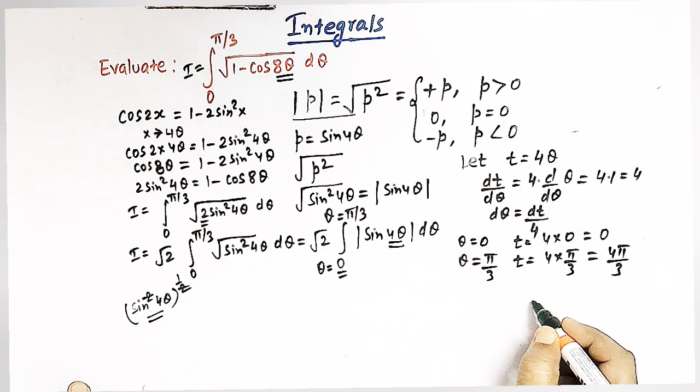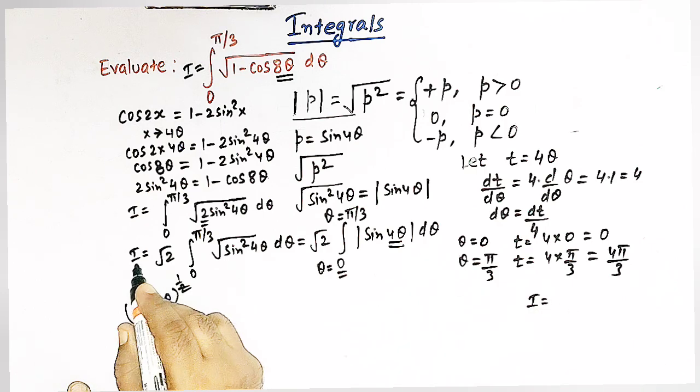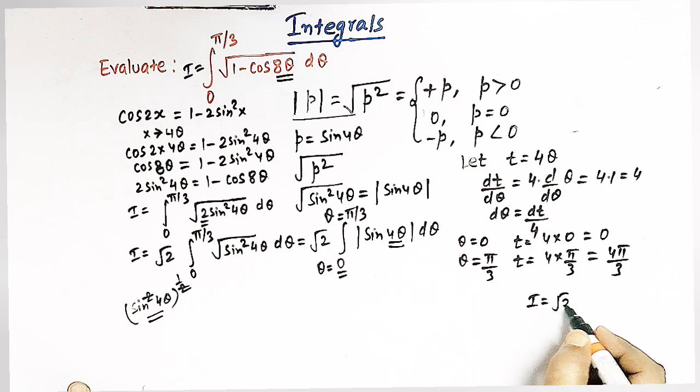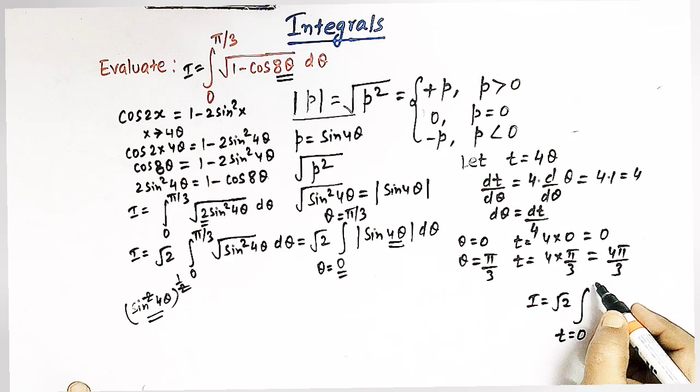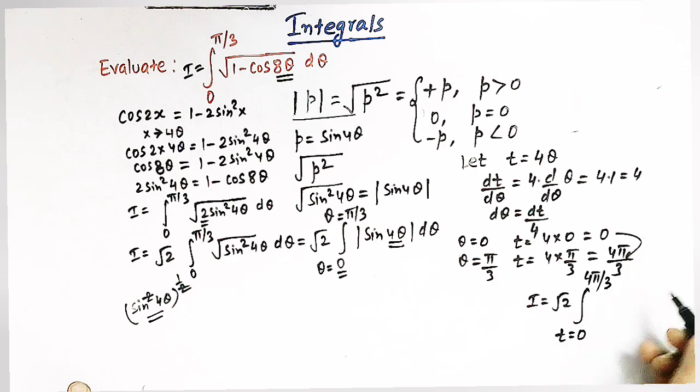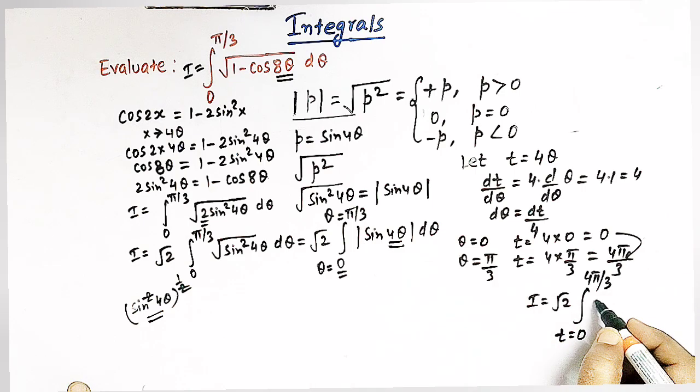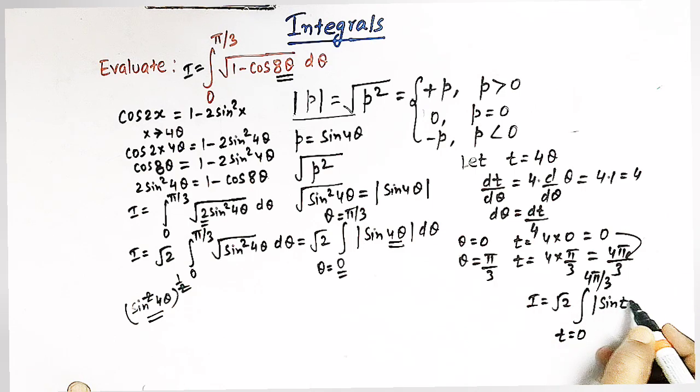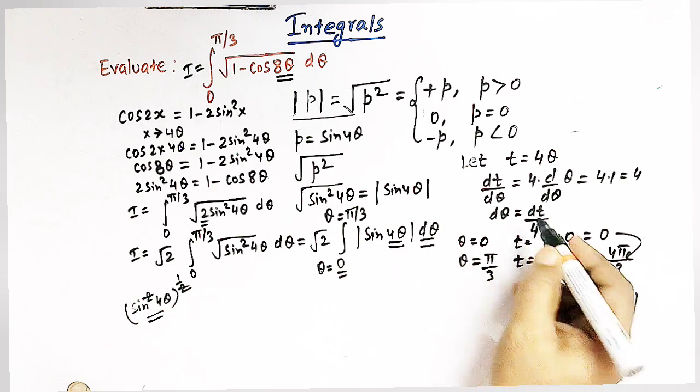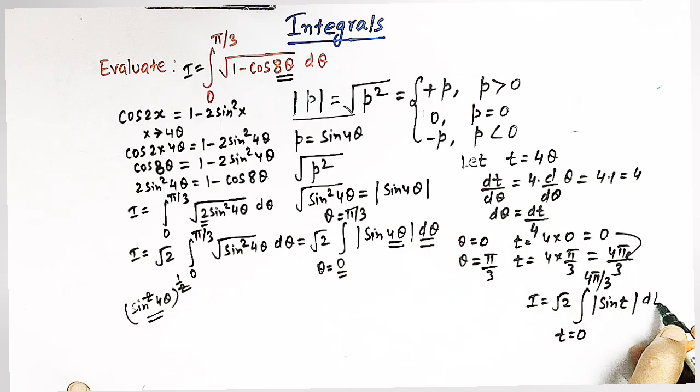The integral I is square root of 2, with limits from 0 to 4 pi by 3, mod of sine t, and d theta replaced by dt over 4.